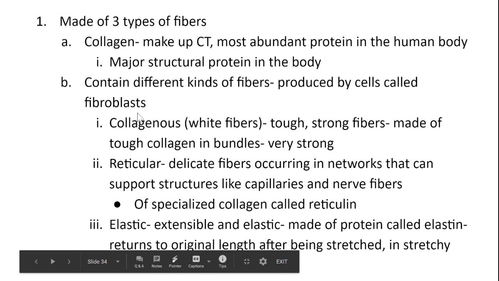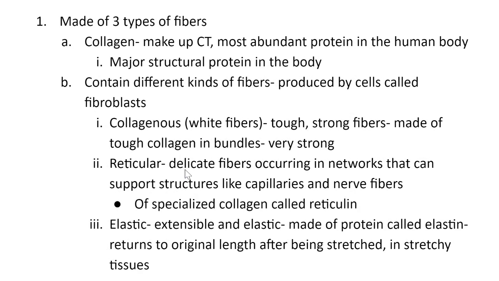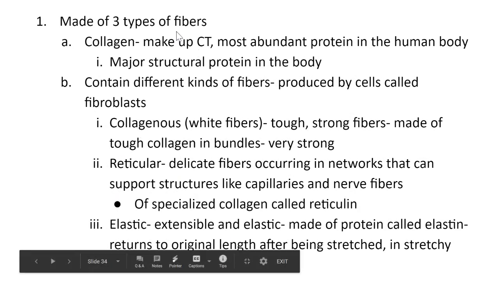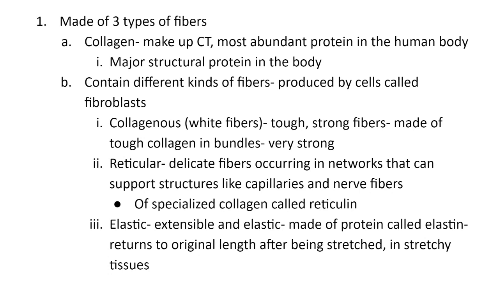Now, truthfully, there's not a lot of great pictures and visual aids that I can show you with them. But as we go through the tissue, you'll start to see how they're built, and you'll start to see these fibers pop up within the tissues and what they look like. So again, I have a major protein, collagen, that really builds a lot of structure in our body.